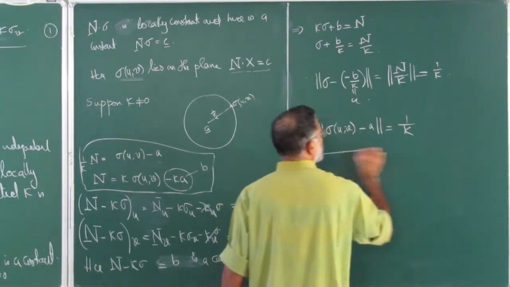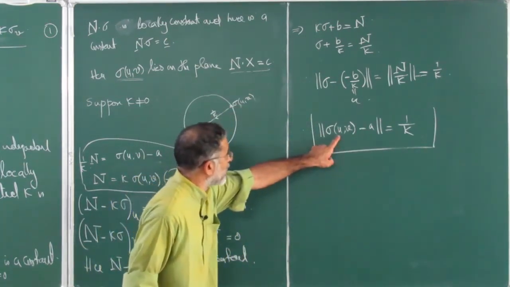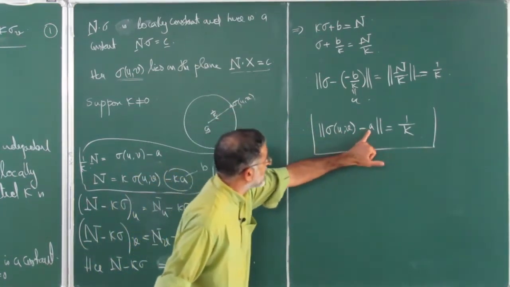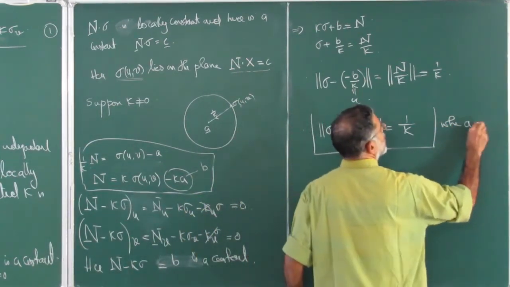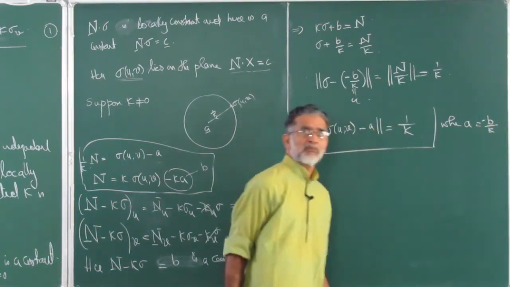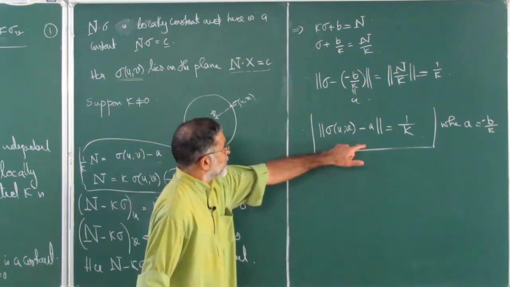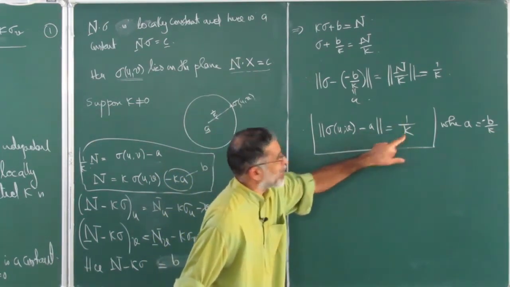This is what we started with, our understanding. So this is a sphere, it is on the sphere with center a, which is nothing but a is equal to b minus b upon kappa. There is some vector in R3. So norm of sigma uv minus a is 1 upon kappa.